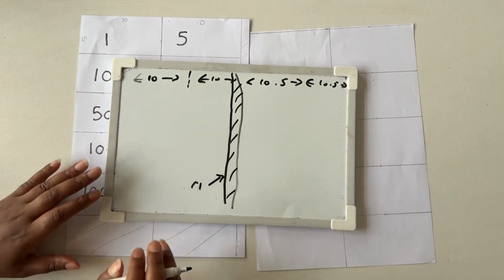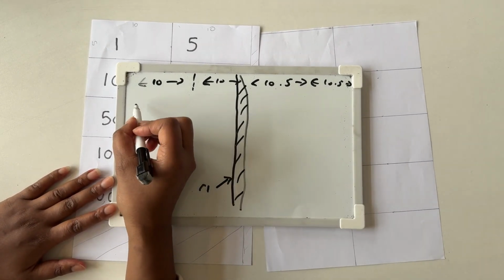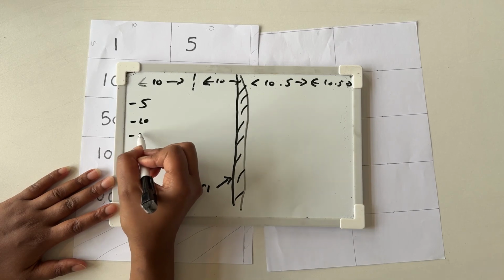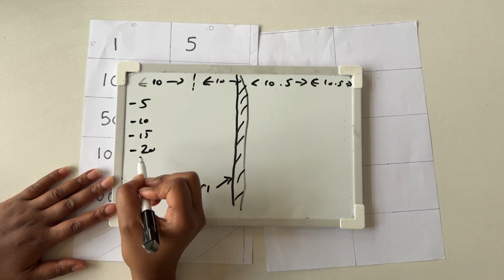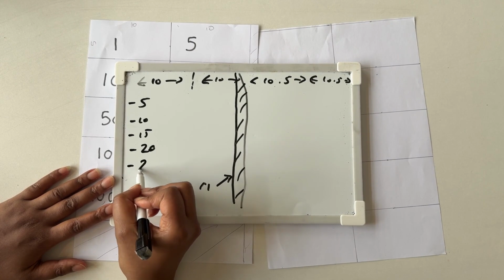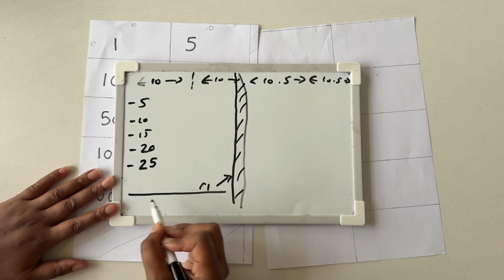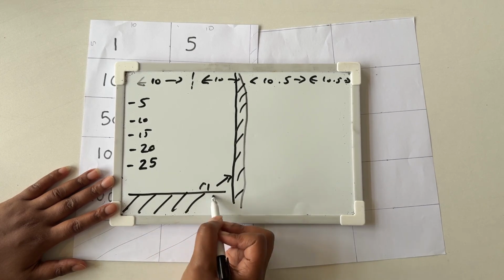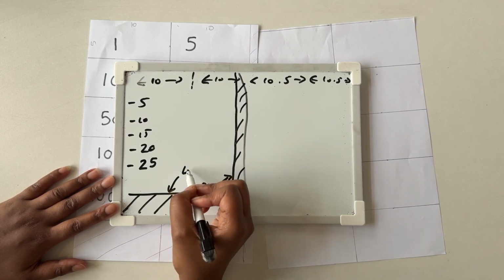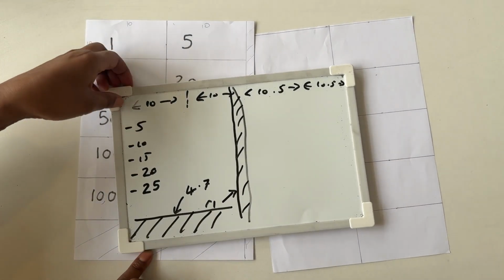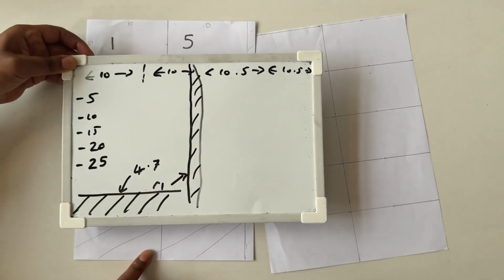And then for your rows, you can either choose to go down in 5s, so 5, 10, 15, 20, 25, and you're going to have a remainder of 4.7, which is this remainder here.